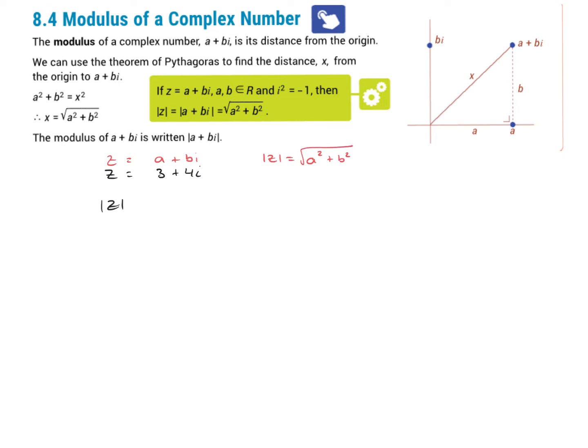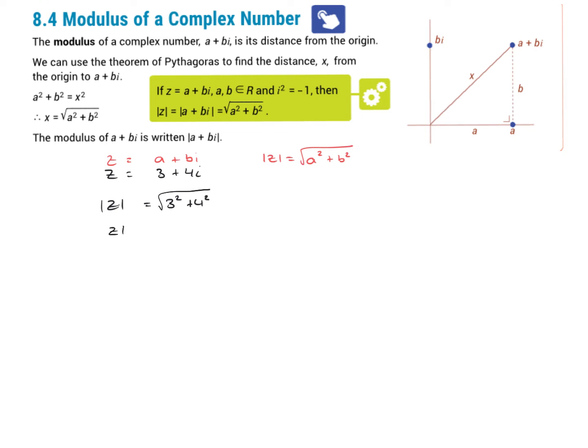So all we do is just follow the rule. So you can see here, for the first one, my a is equal to 3. So this is equal to 3 squared. My b is equal to 4. I don't worry about the i, it's just what's in front of the i. So that's the 4, so that becomes plus 4 squared. And the rule says, look, take the square root of that at the end.